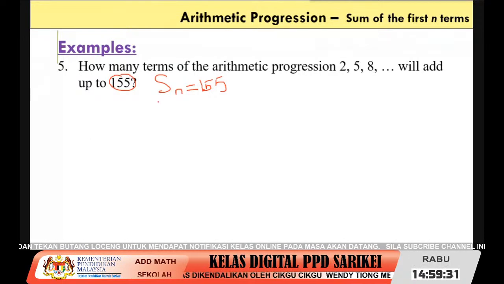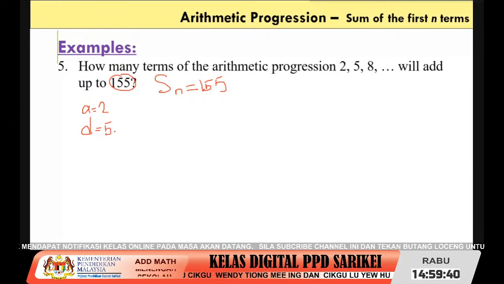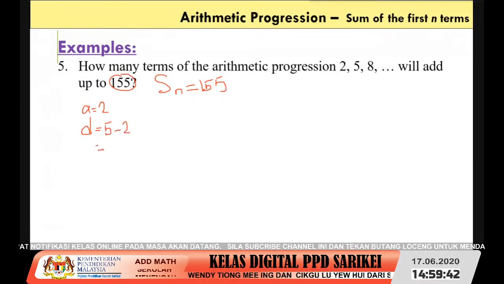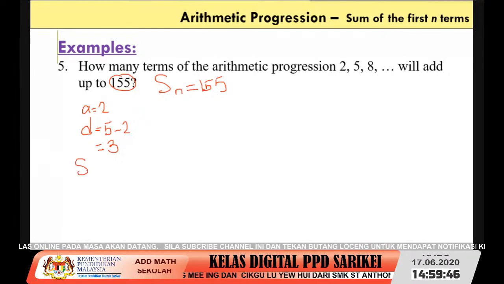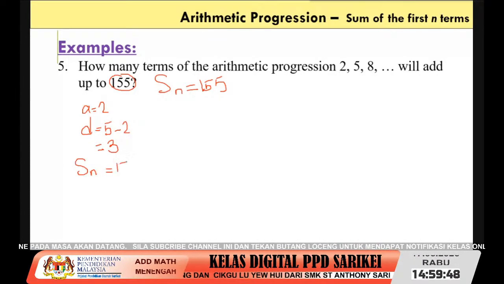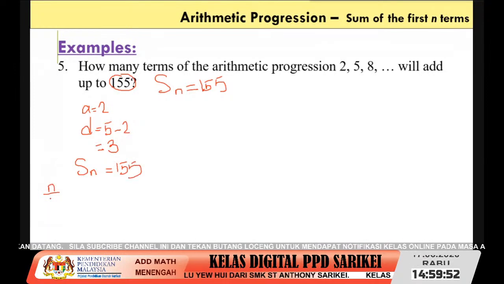So what is our a? a is 2. d is 5 minus 2, so d equal to 3. So this one is Sn equal to 155. I don't know how many terms, so I just use n.